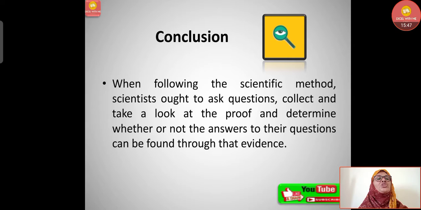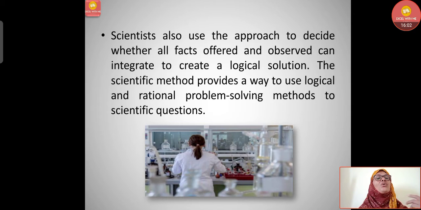Now let's conclude this topic. When following the scientific method, scientists ought to ask questions, collect and examine the proof, and determine whether or not the answers to their questions can be found through that evidence. Scientists also use the approach to decide whether all facts offered and observed can integrate to create a logical solution. The scientific method provides a way to use logical and rational problem solving methods for scientific questions.